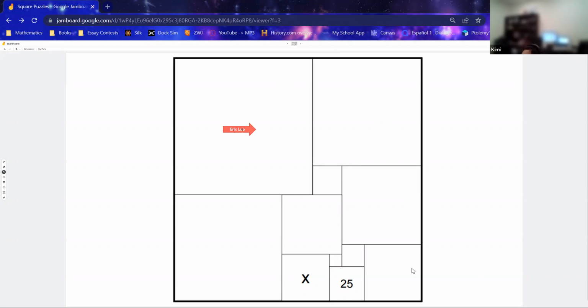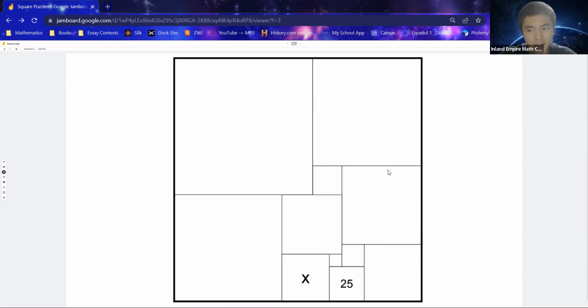So X is blank plus 25, right? Which means this huge square, this X space, is probably like 16 more than 25. How did I get that? I was just guessing.